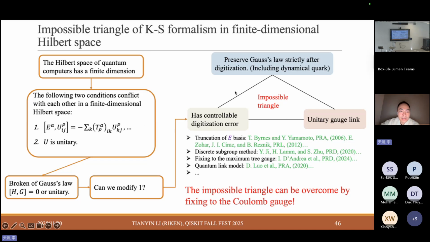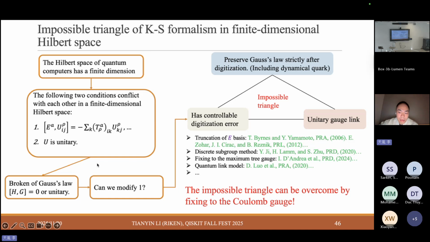So after the truncation, we will find that there is an impossible triangle in the Kogut-Susskind formalism. This impossible triangle is that we cannot preserve Gauss's law strictly after digitization, we cannot have controllable digitization, and we cannot have unitary gauge links simultaneously.